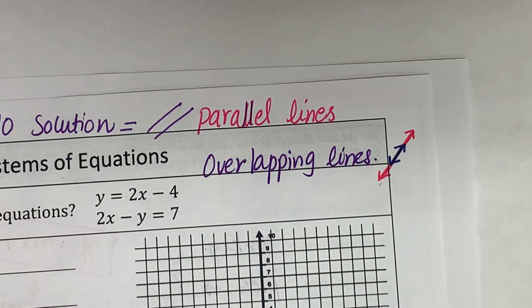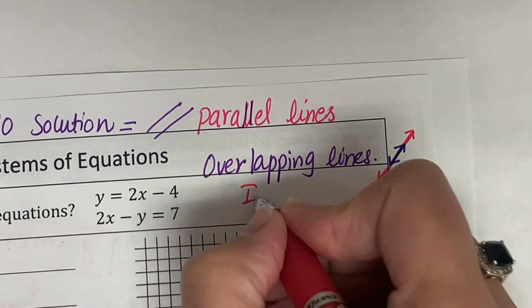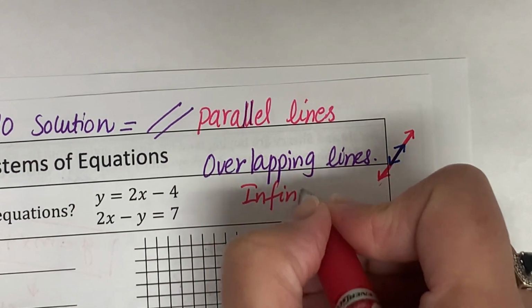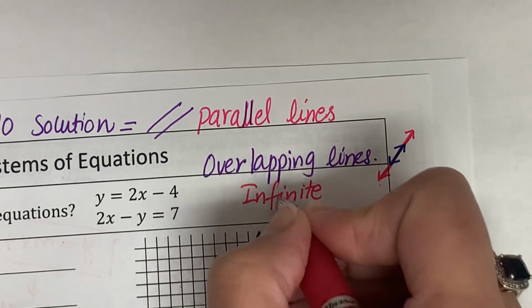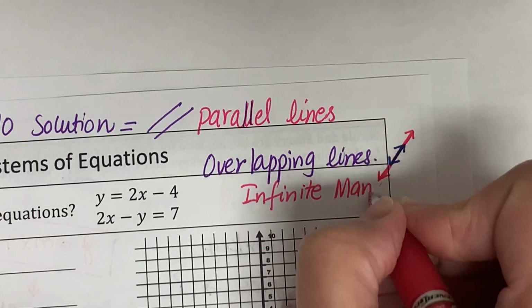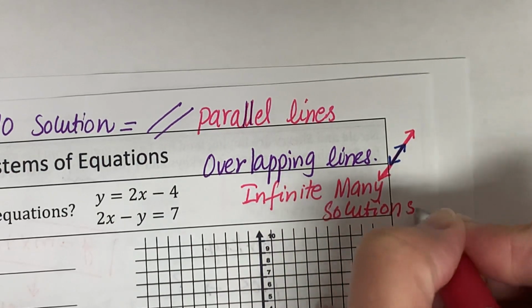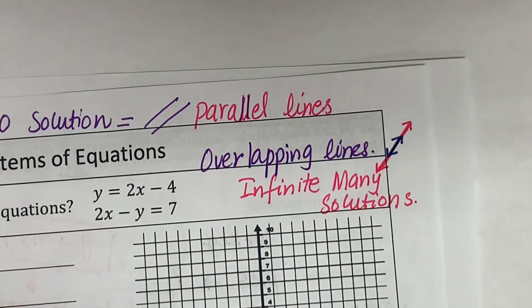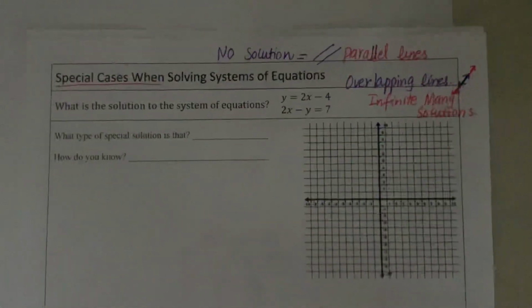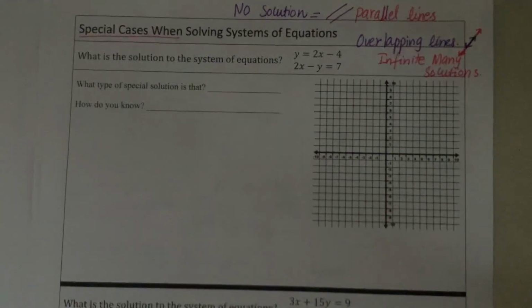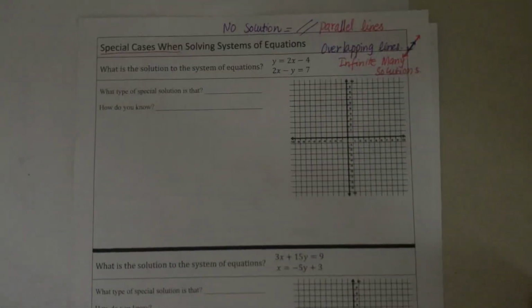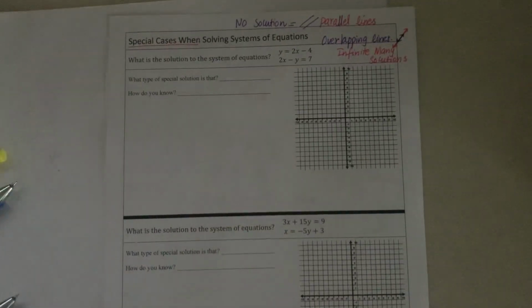In math, you call them infinitely many solutions, because you're going to have so many of them. So this is how you will be able to solve these two questions on this page. You are going to see no solution or infinitely many solutions. So pay attention to which ones you have, and go ahead and finish all these questions by yourself.